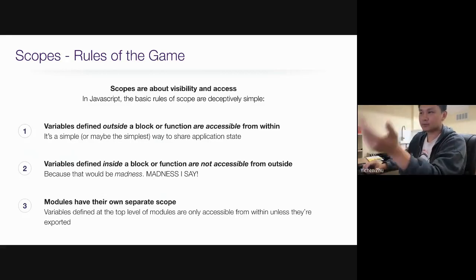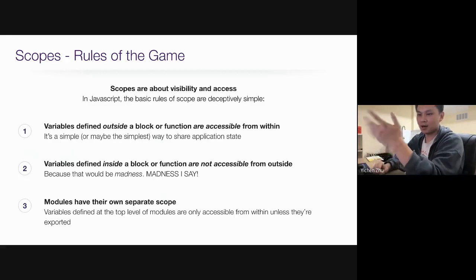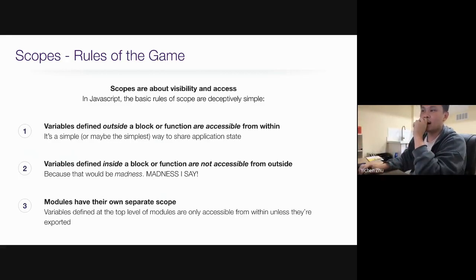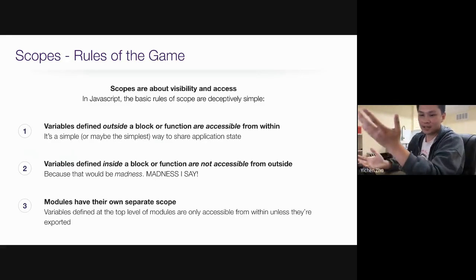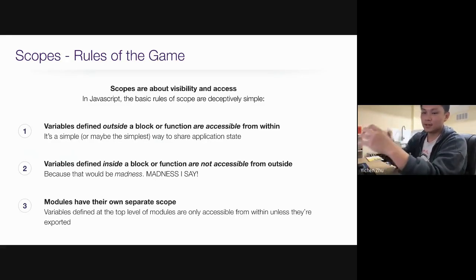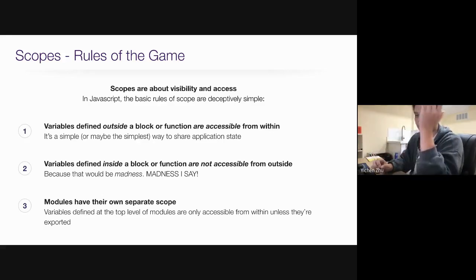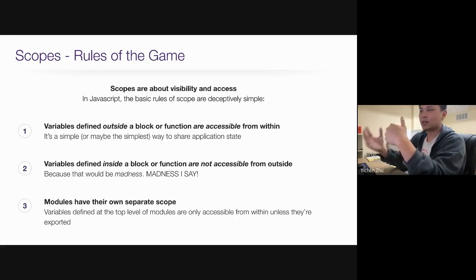Variables defined outside of a block or function are accessible from within, right, if you use them after the variables are defined, and we're going to go through examples after these slides. And then variables inside blocks or functions are not accessible from outside, right? Makes sense, right? You declare a variable inside a function. You can't go outside of that function to get the variable, unless it depends on where you declare that variable.